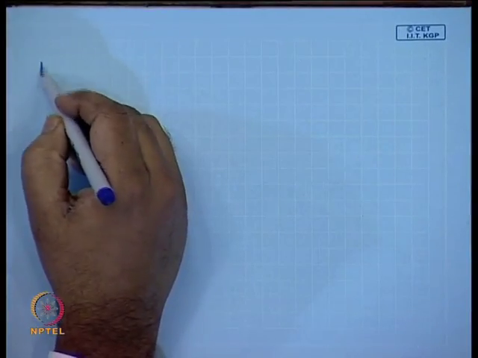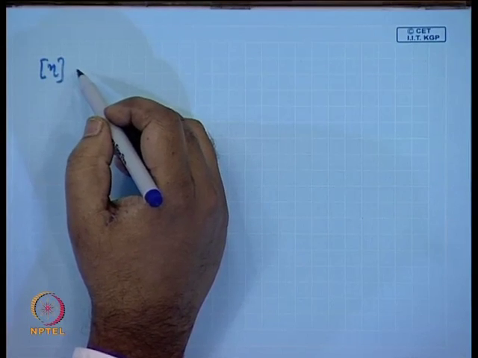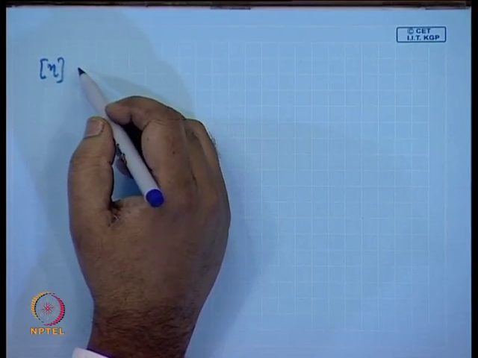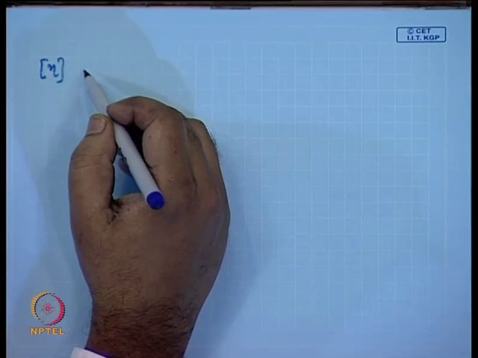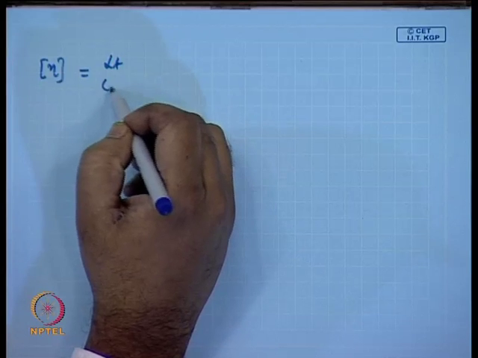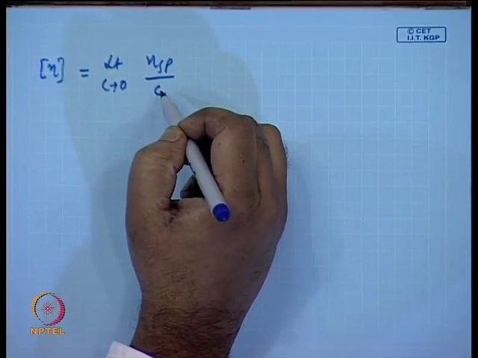Now we can find the expression for the intrinsic viscosity for the polymer sample, which is the mixture of all the polymer chains, given by limit c tends to 0 of eta specific by c.